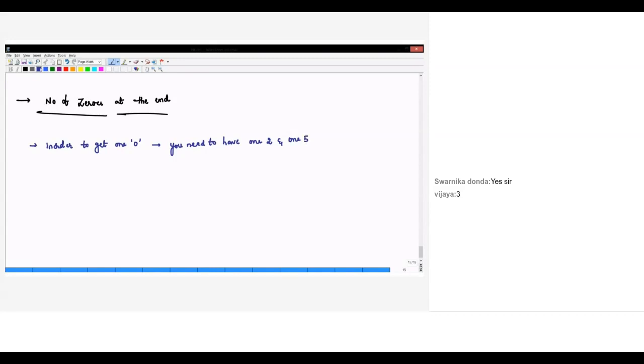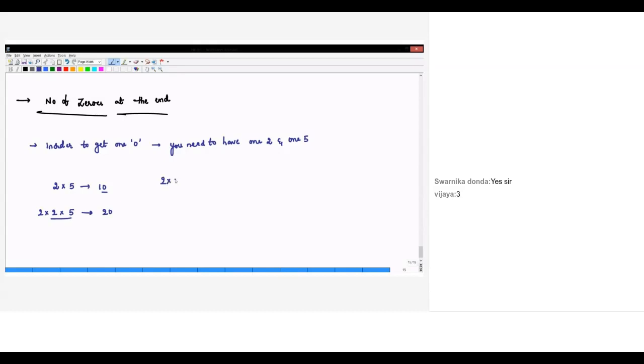Right? Suppose I have 2 into 5, you get one 0 at the end. You have two twos, but only one 5. Still, you get only one 0 at the end because it is 10.